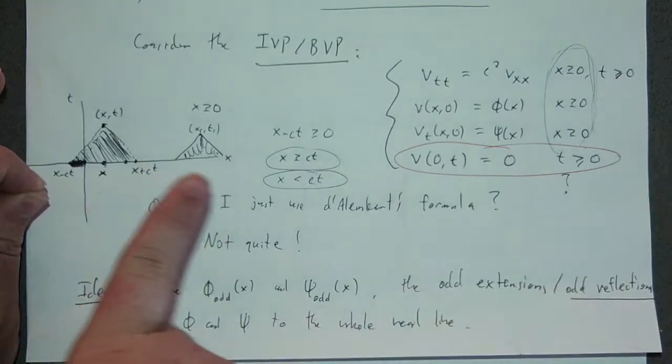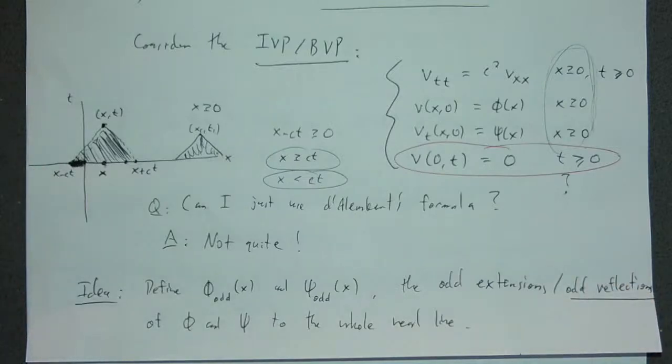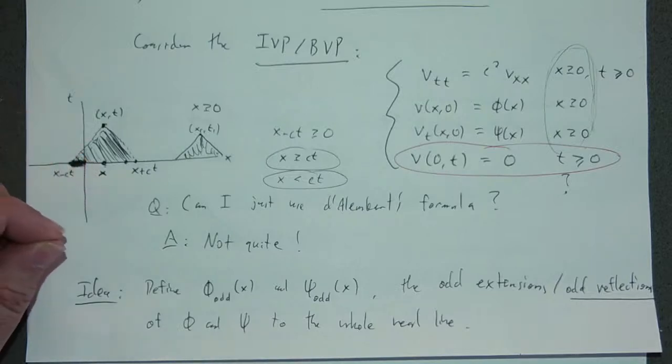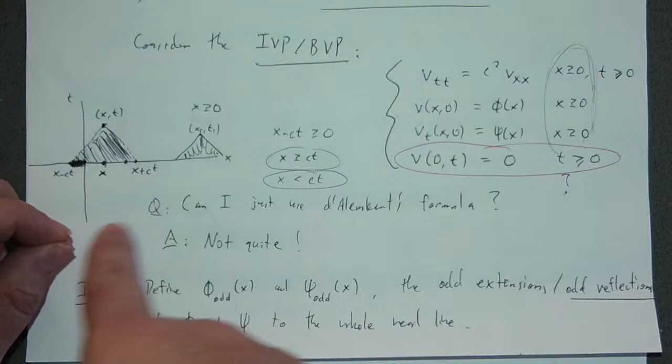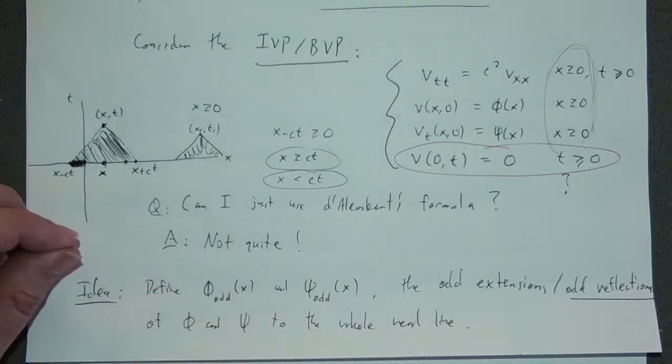So if I'm far enough away from this fixed end, then what is going on I might reasonably expect to be similar to what's happening on the infinite string. If I'm far enough away from that fixed end, I might expect to not have to worry about the effect of this fixed end on the situation. The closer I am to it, maybe I do have to worry about it, but the further away I am, the more it resembles what I was doing before.